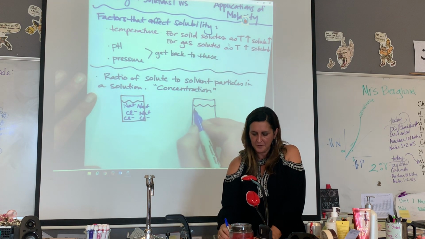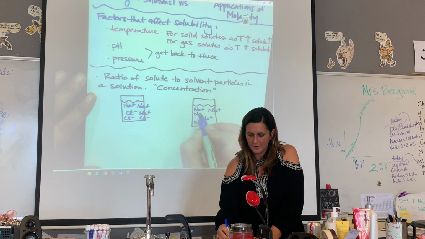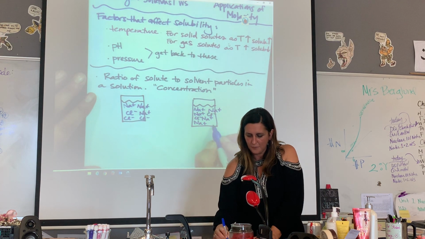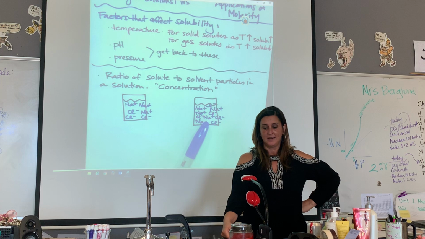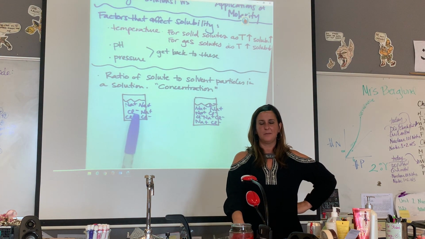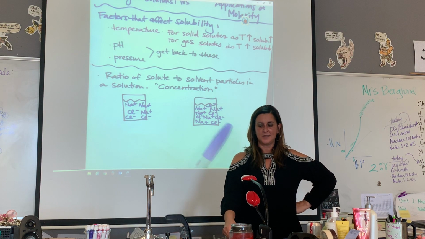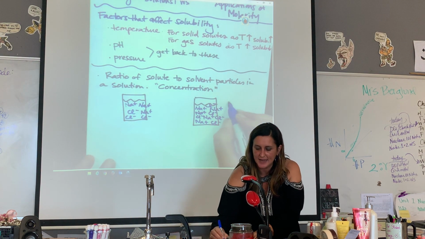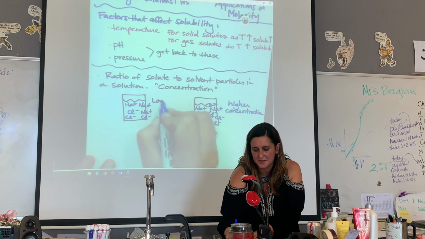And then over here, we have five. And you guys hopefully get the idea that there's 5 moles here. And so if these are the same volume, and this one has fewer moles and this one has more moles, then we would say that this has a higher concentration. And this one has a lower concentration.